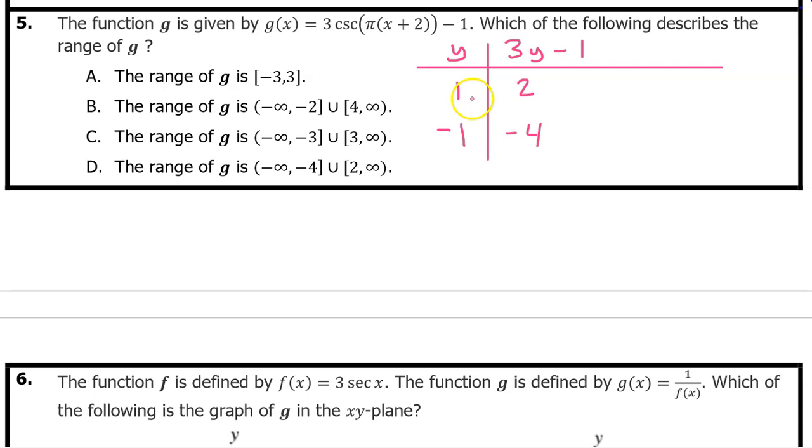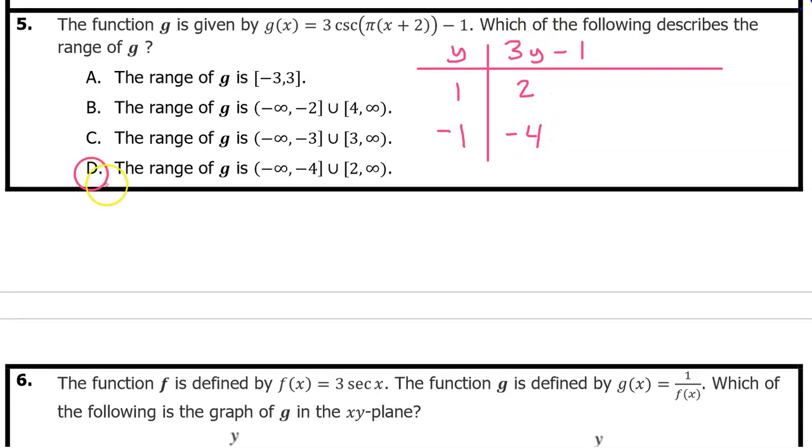So instead of the range being from -infinity to -1, union 1 to infinity, the new range will be from -infinity to -4, union 2 to infinity. So the answer is D.